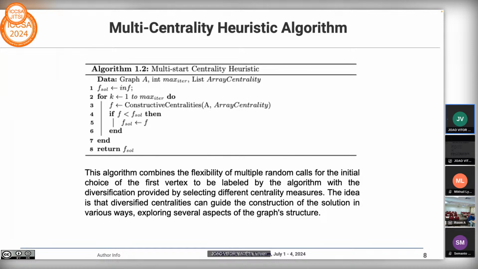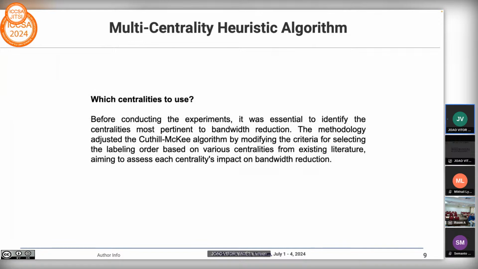So the idea is that diversified centralities can guide the construction of the solution in various ways, exploring several aspects of the graph's structure. So we can ask which centrality to choose.